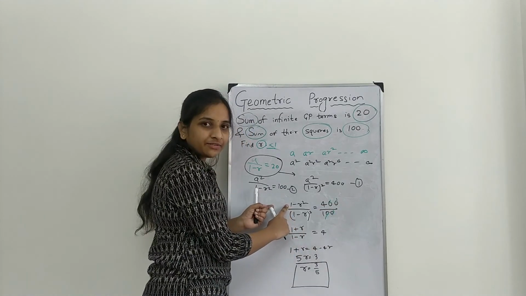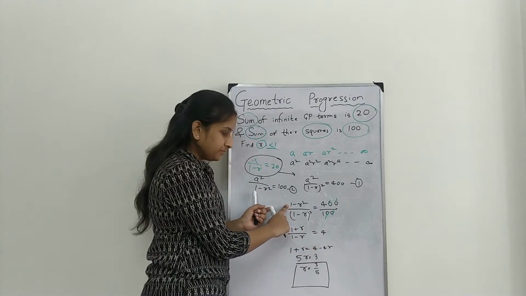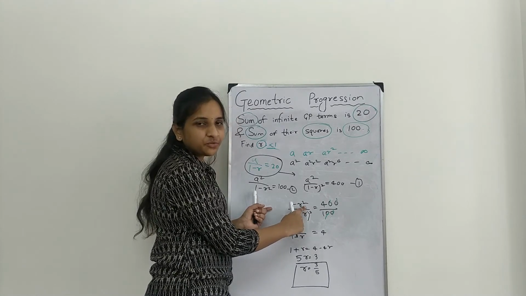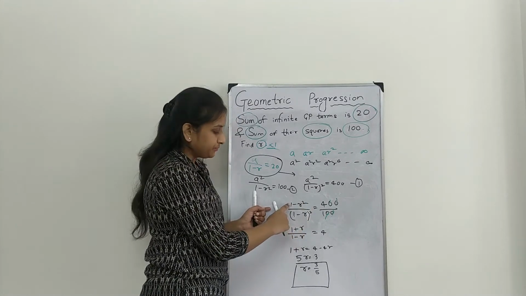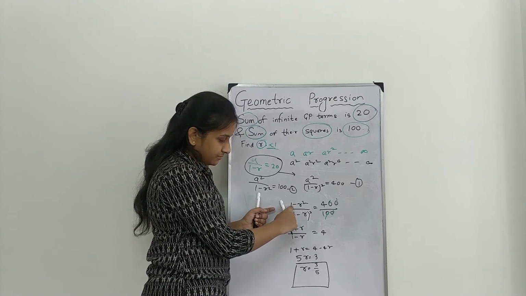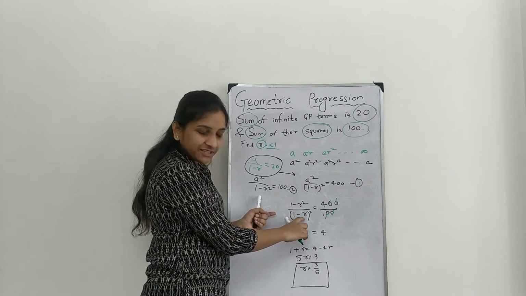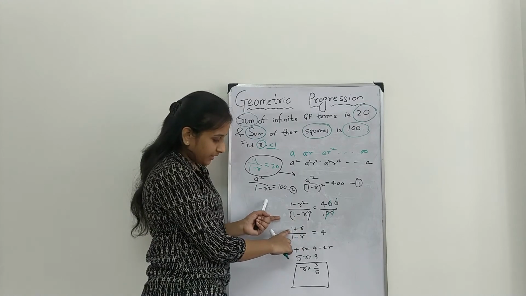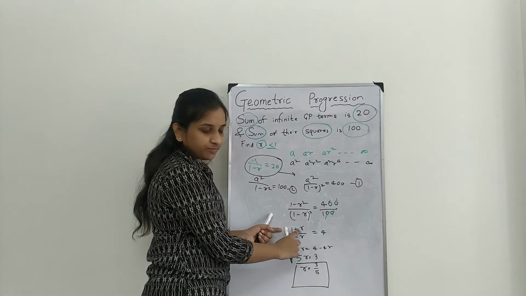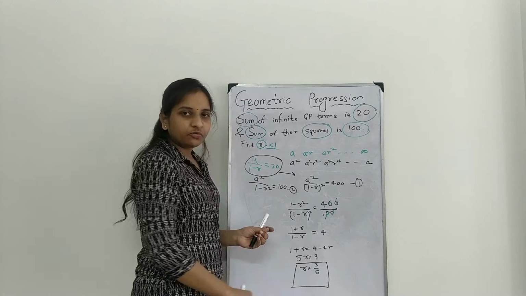This numerator is 1 minus R square, which means a square minus b square, a plus b into a minus b. And the second term is 1 minus R whole square. I am cancelling that 1 minus R with the denominator. So our new expression is 1 plus R upon 1 minus R is equal to 4.